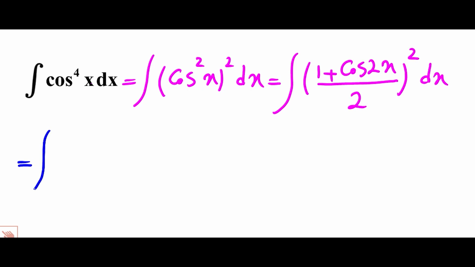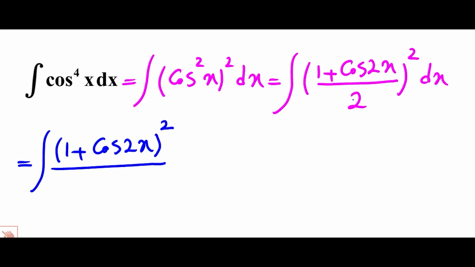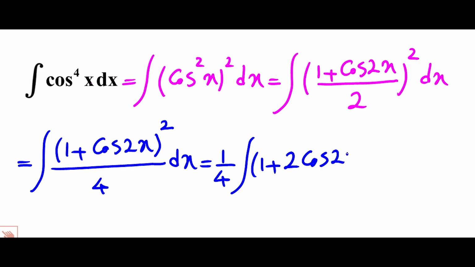So we have the integral of (1 plus cosine 2x) whole squared over 2 squared, which equals 4, dx. Now let's move the constant 1/4 outside the integral. Means 1/4 the integral of (1 plus cosine 2x) whole squared, which equals 1 plus 2 cosine 2x plus cosine squared of 2x, dx.